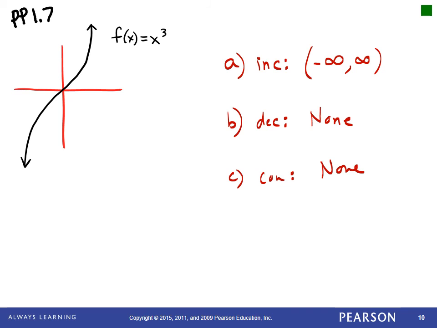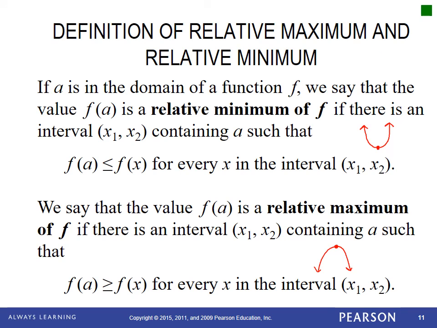All right, so there's increasing, decreasing, and constant. Next thing to deal with is this whole concept of what's a relative max or a relative min. And pretty easy to understand. But I really want you guys to understand the calculus notation for it. In a relative minimum situation, it is what we call the valley.